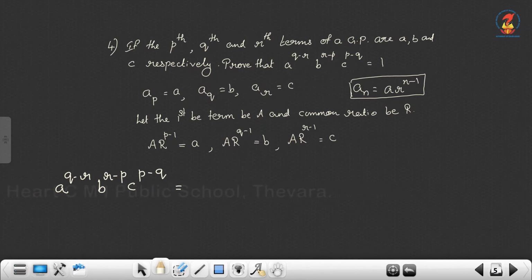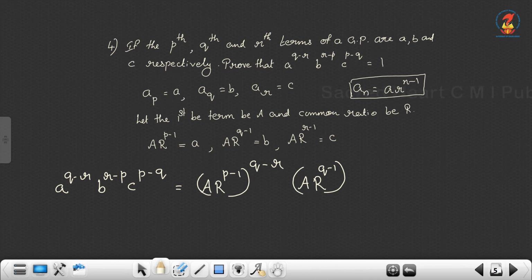For small a you substitute AR raised to p minus 1, so A into R raised to p minus 1, the whole raised to q minus r. Now the next is b, which is AR raised to q minus 1, the whole raised to r minus p. The next is c, so AR raised to r minus 1, the whole raised to p minus q. We have to prove that it is equal to 1.